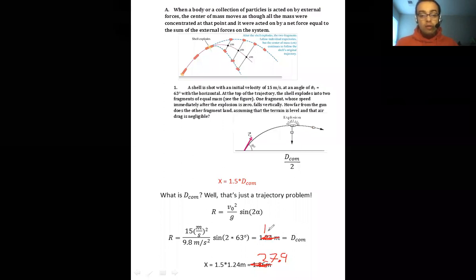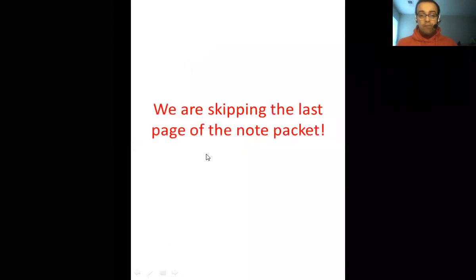We'd only be able to shoot 18.6 meters if this were a solid projectile. But by having this shell fall apart and having one part of it fall short, we are able to get a much longer range on the remaining part of the projectile. So by jettisoning something, you can actually get a much longer range, which is a trick that's been used both in artillery and in rocketry for many years now.